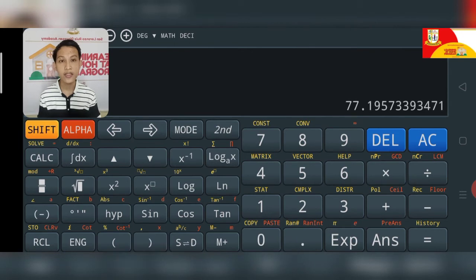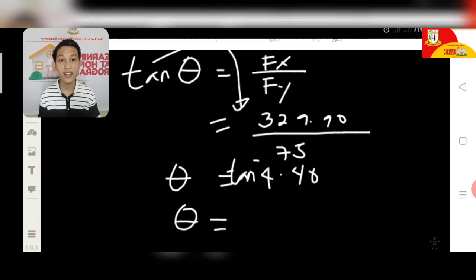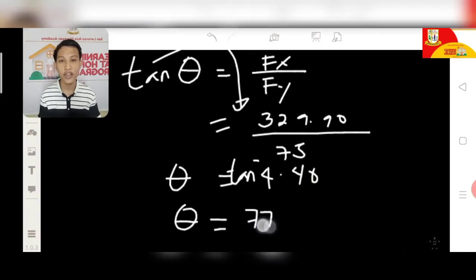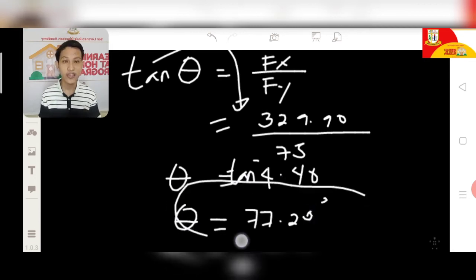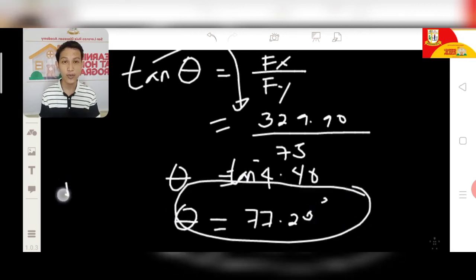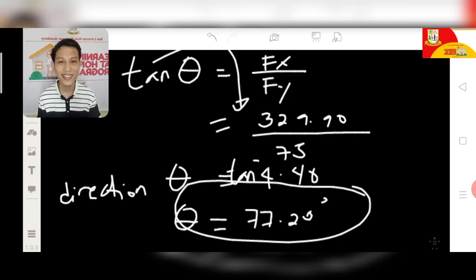We have 77.20 degrees, and that is the direction of our resultant vector. Okay, and that is our final answer. We get the direction of the vector 77.2 degrees.